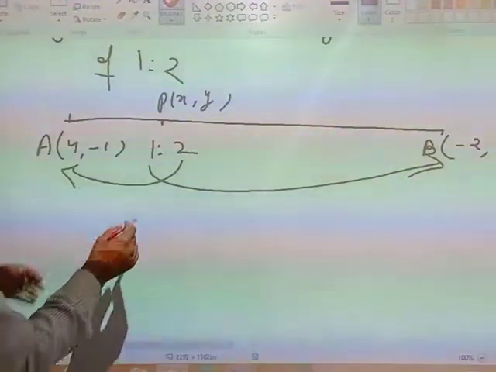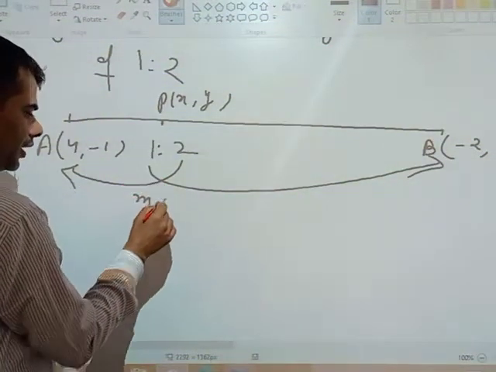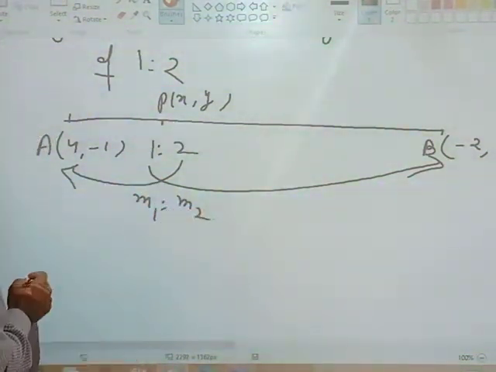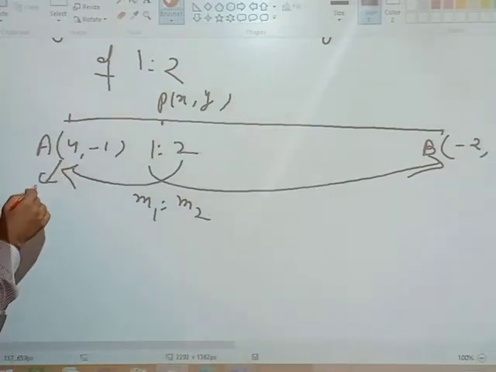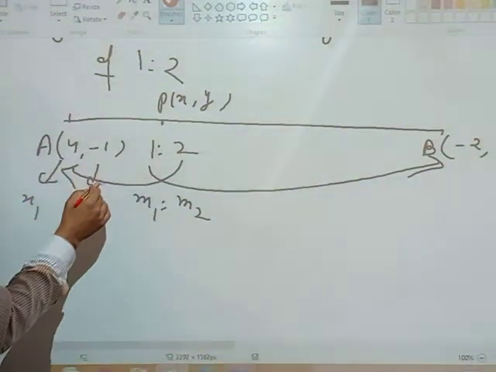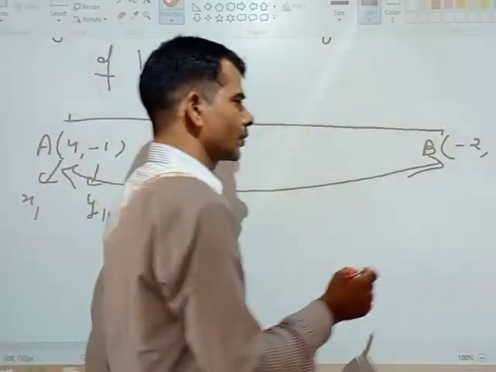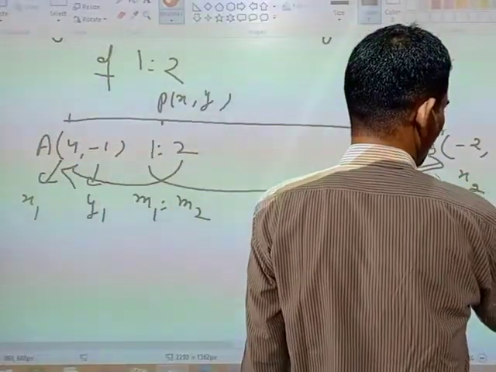Okay, that is your m1 ratio m2. This is your x1, this is your y1, this is your x2, and this is your y2.